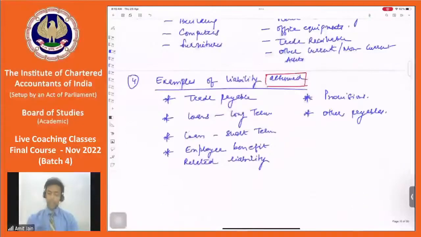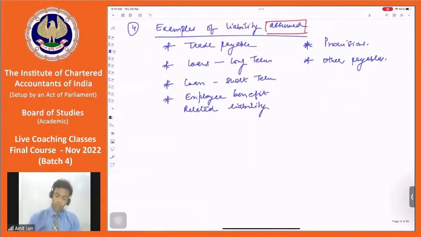These are the different liabilities which generally the acquirer acquires in a business combination. All these need to be recognized.